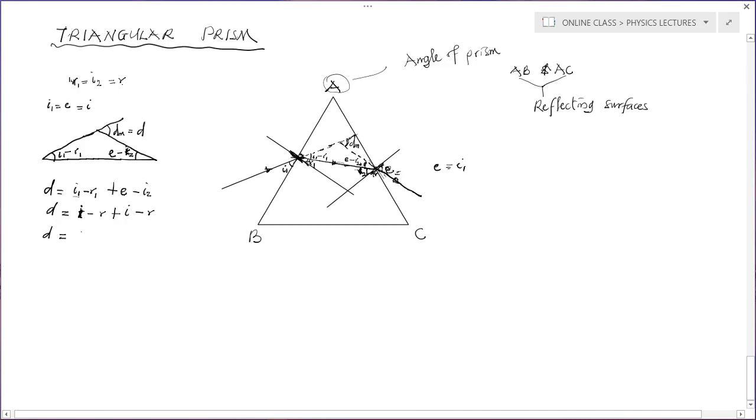We have 2I minus 2R. That is to say, D equals 2 into I minus R. So that is not where we are going, but it's part of the proof that we need.